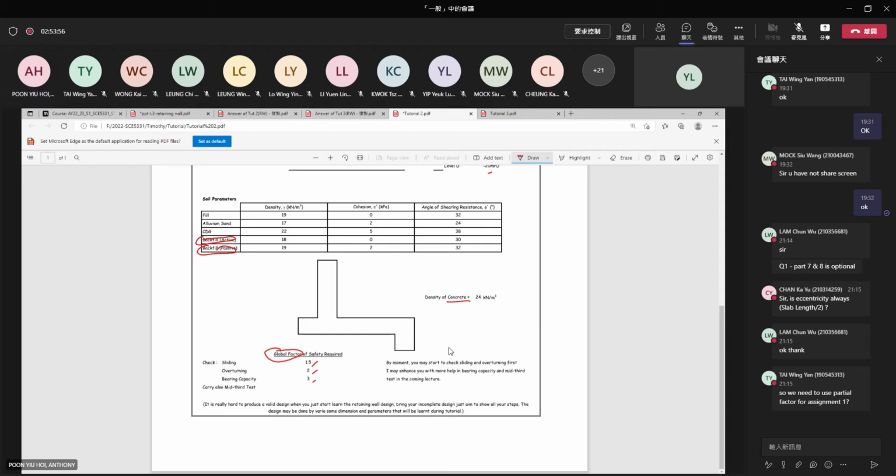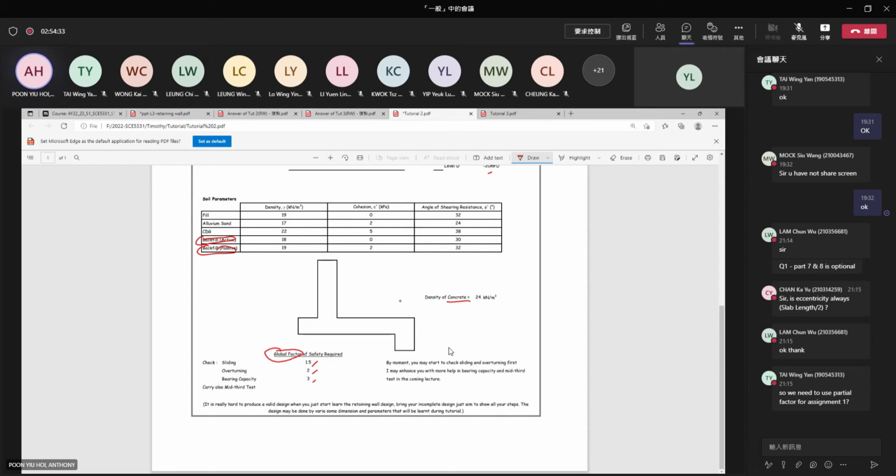In the Excel file, there's actually 2 sheets. The first sheet only covers the checking of the sliding, overturning, eccentricity, and to find the maximum bearing capacity, etc. And the second sheet also includes the foundation design.